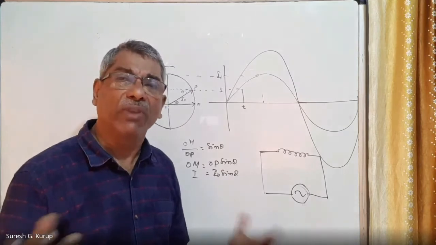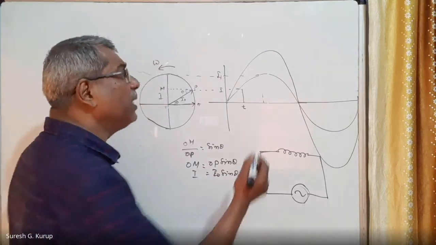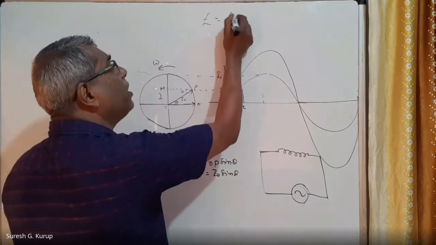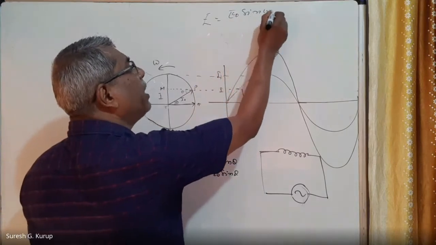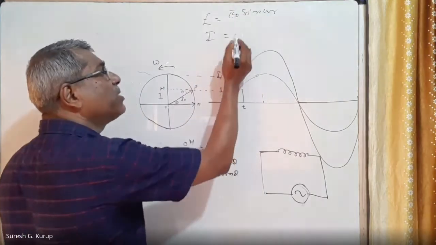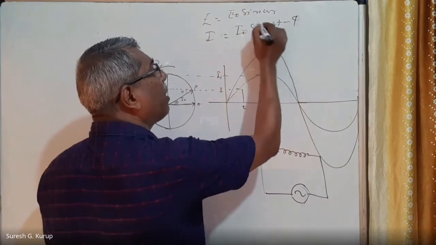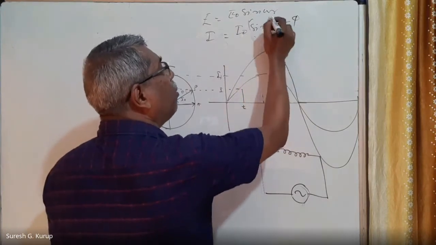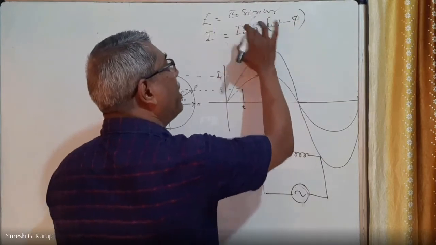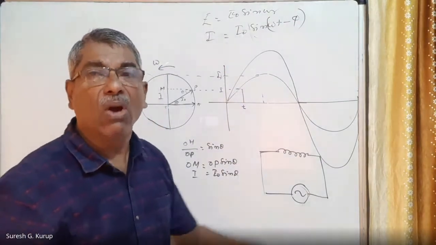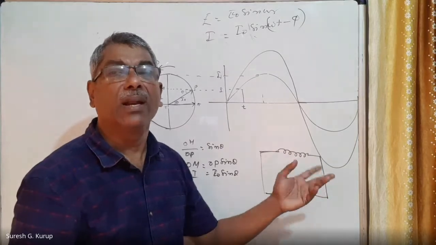That angle is called the phase angle. Suppose the EMF applied is equal to E0 sin omega t, then current can be said as equal to I0 sin(omega t minus phi), where phi is the phase angle, or phase difference, between the current and EMF.